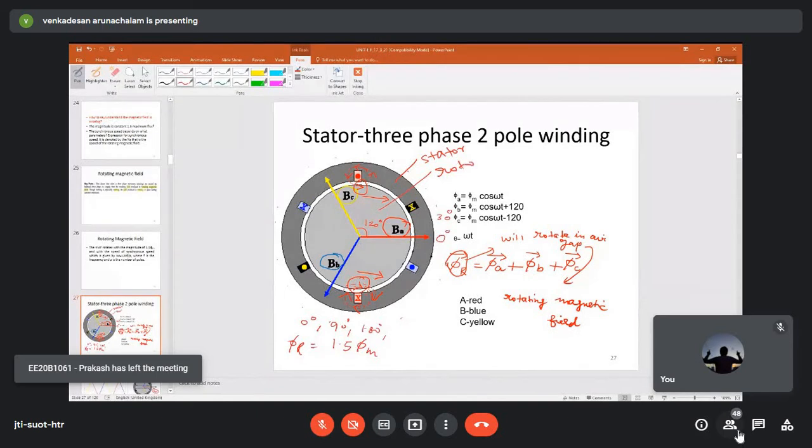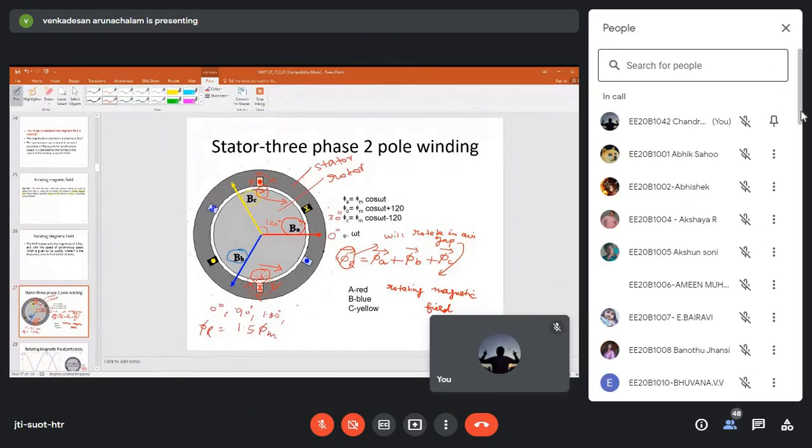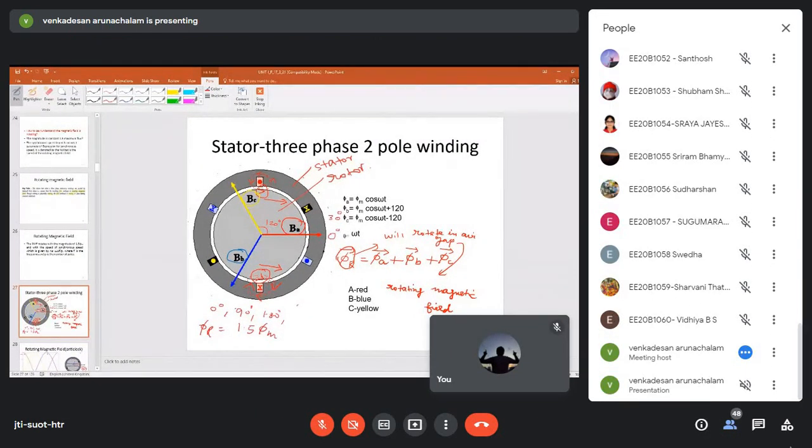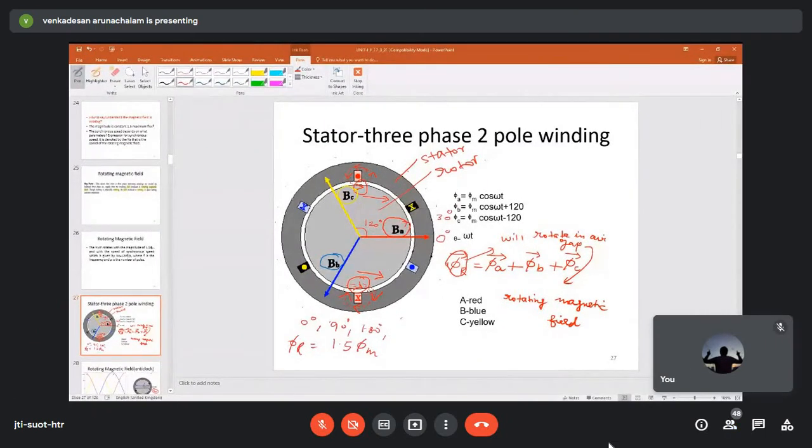In the stator you have a three-phase winding. The red color is the R phase; you have a red color conductor. These two will form one winding, that is for R phase, R dash. Here the current is entering into the coil and it is coming out.